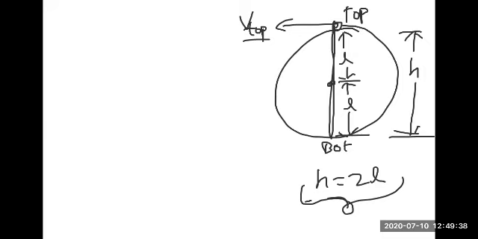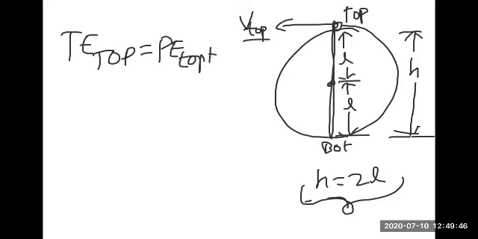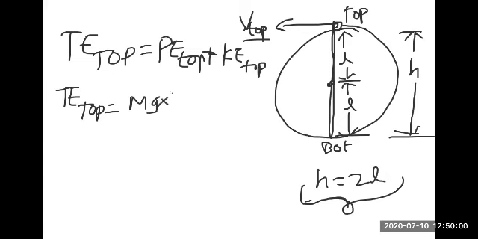So what is the total energy? Total energy at top is, by the formula, potential energy at top plus kinetic energy at top. Potential energy is weight into height from ground. Weight is mg, height from ground is h, and h value is 2L.